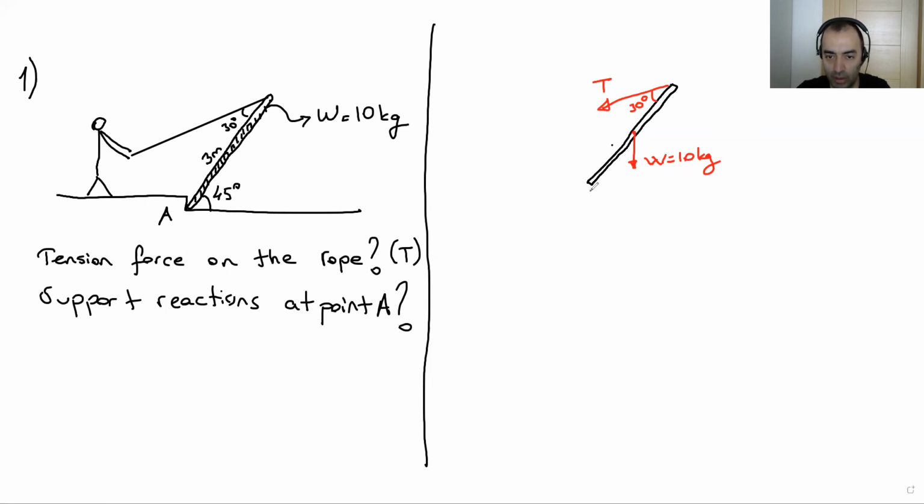One is vertical here. One is horizontal. Okay, this is H. So what we know, this angle is 45.